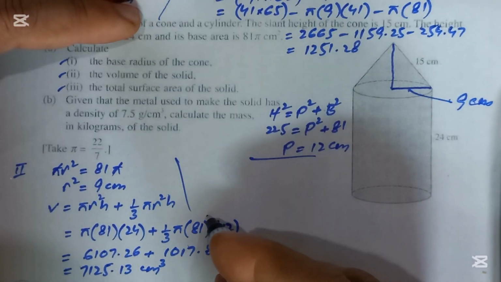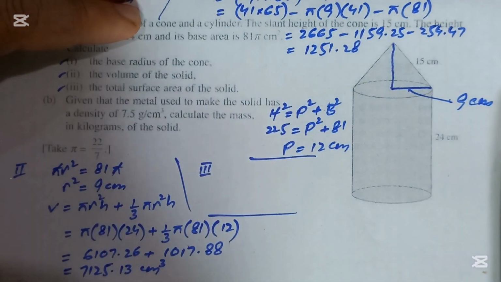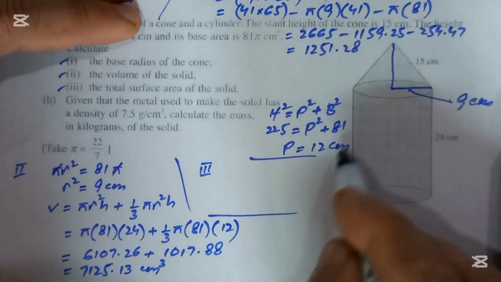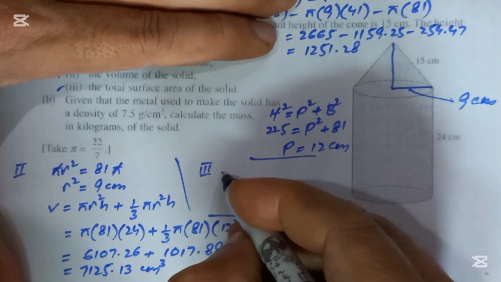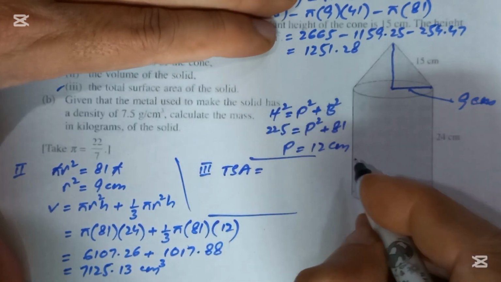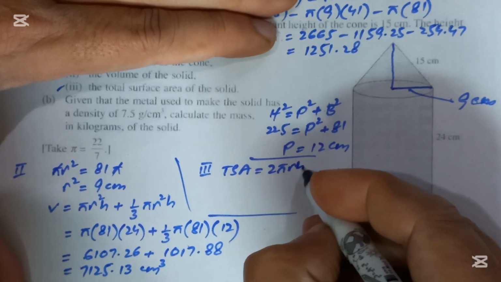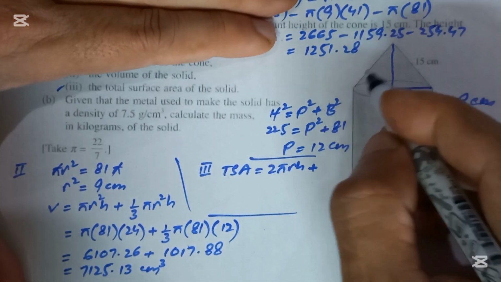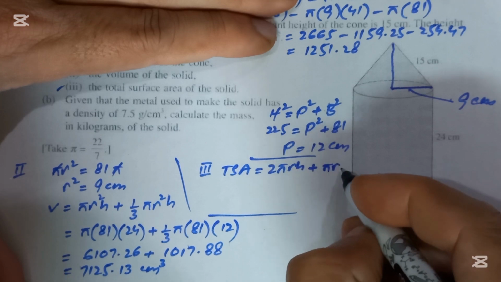Third part is total surface area. Curved surface area of the cylinder is 2 pi r h, and curved surface area of the cone is pi r l.